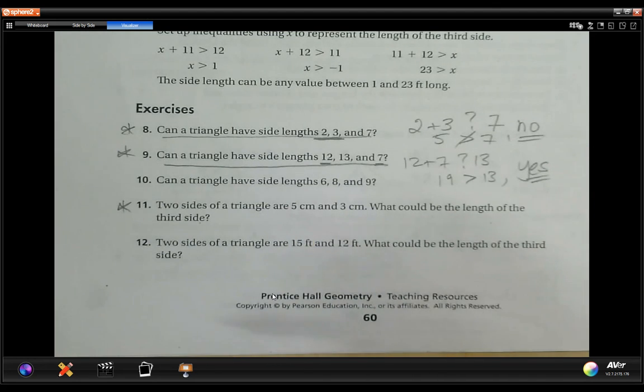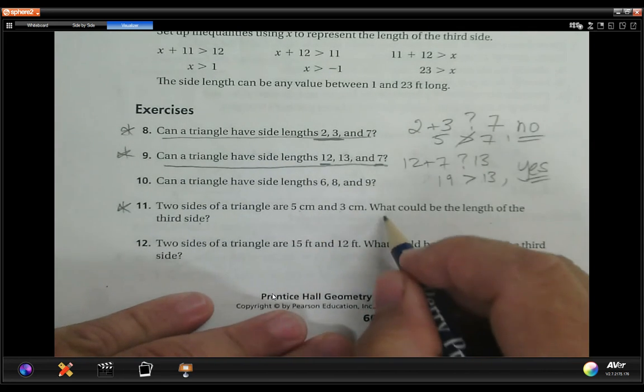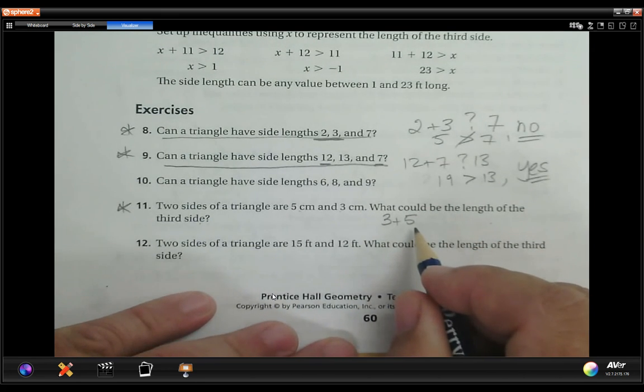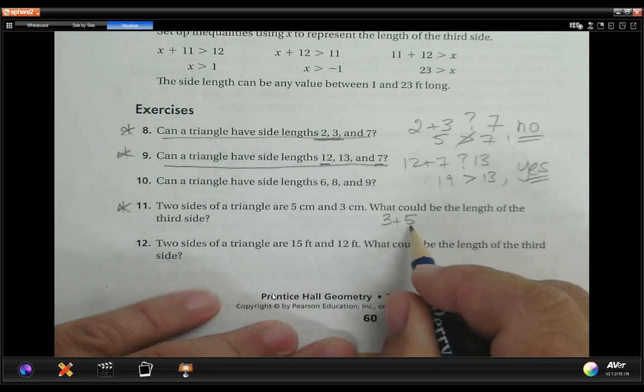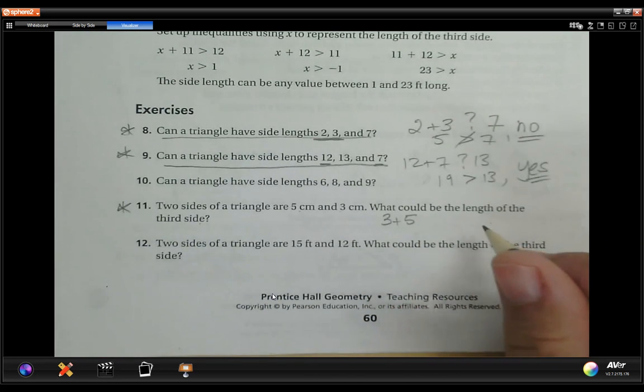I'm not really sure what I should do. Well, let's think about this. So if this was my two smallest sides, for example, 3 plus 5, that equals 8, which means that my side length, right, it can't be 8, or we're going to have a problem.